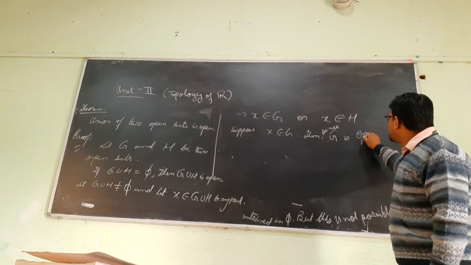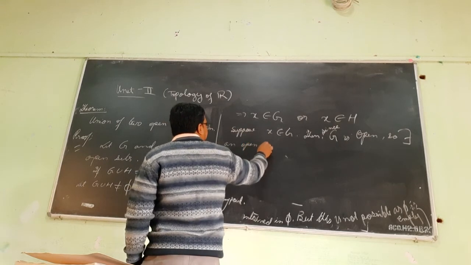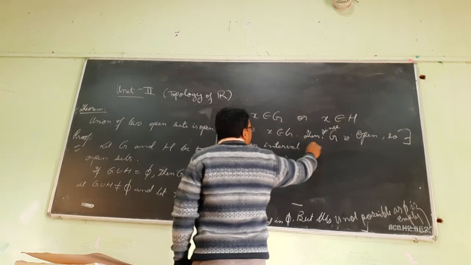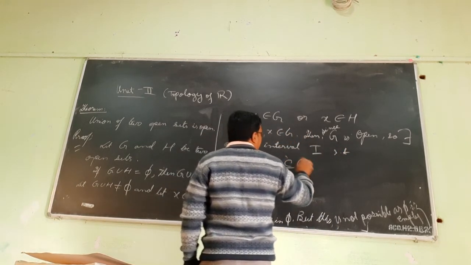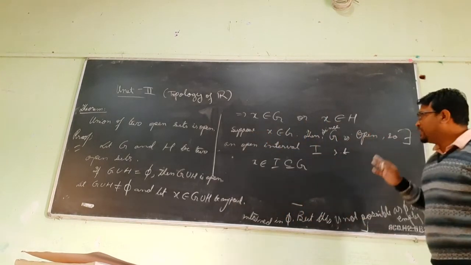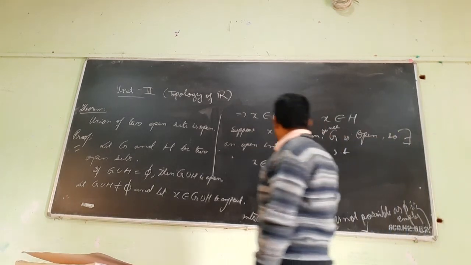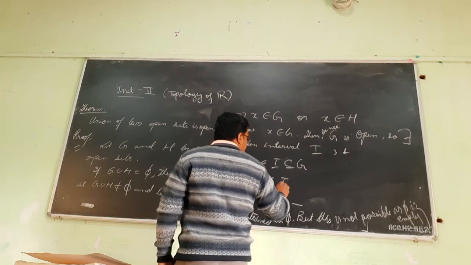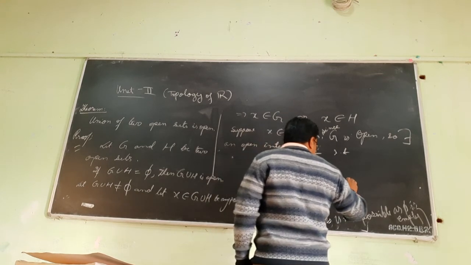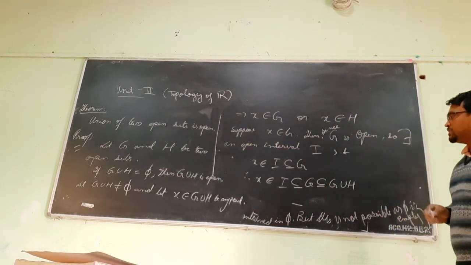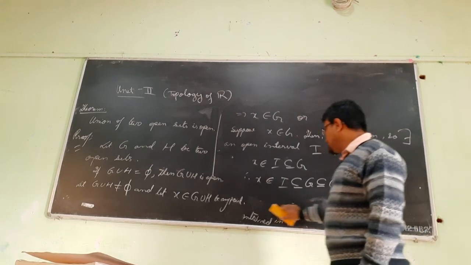Since G is open, there exists an open interval I such that x belongs to I and it is a subset of G. Therefore, x belongs to I, which is a subset of G, and G is always a subset of G union H.